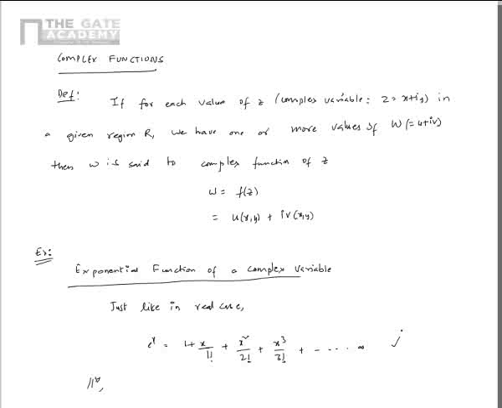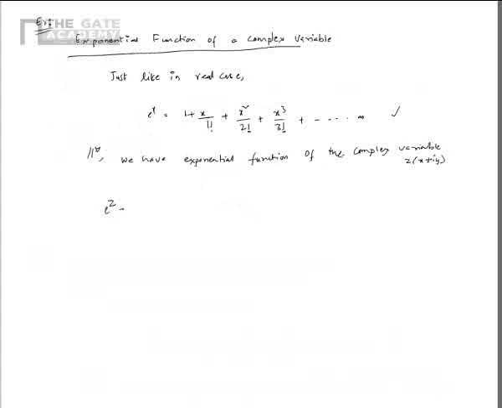Okay, so similarly we have the exponential function for the complex variable z as x plus iy. This is defined as e power z, which is the exponential of z. This is written as 1 plus z by 1 factorial plus z square by 2 factorial, so on, the general term being z^n by n factorial, plus so on till infinity.